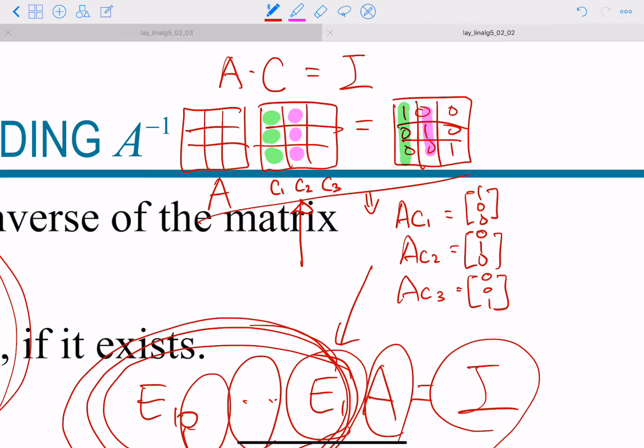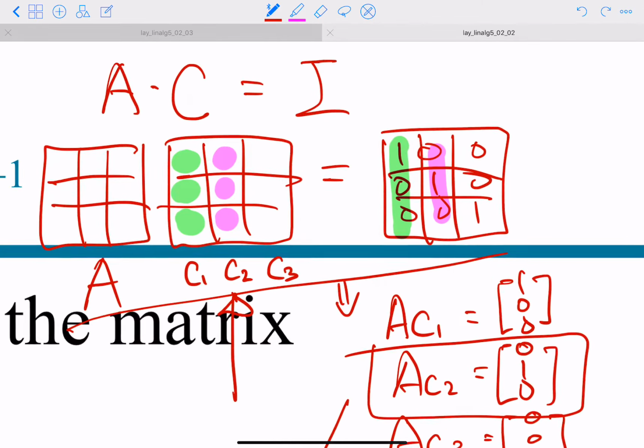And then how can we solve this problem? We can solve only this linear system instead of obtaining all the inverse matrix, right?